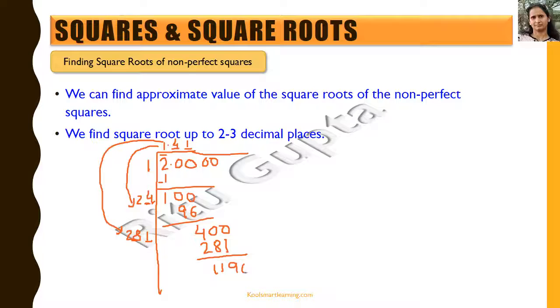And we again place 2 zeros over here. Now if we again take double of this, which is 282, and a dash over here, it again gets multiplied with 4.